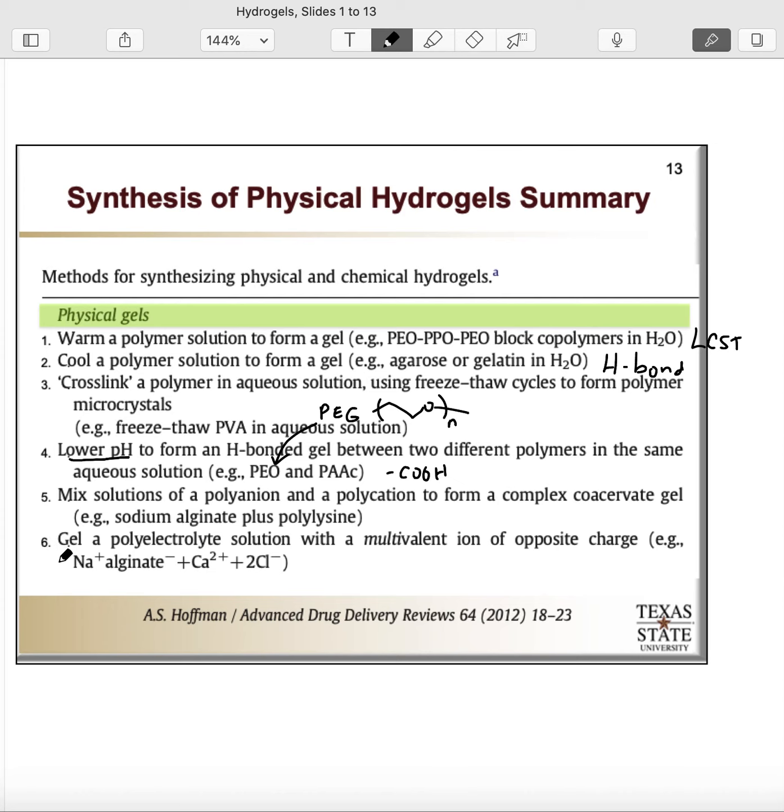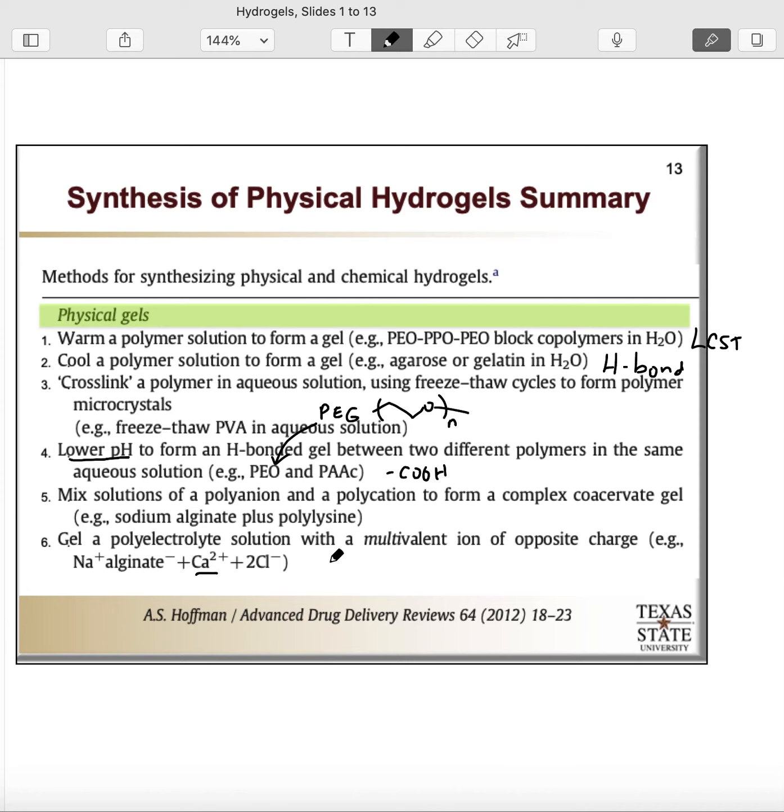And number six is to gel a polyelectrolyte solution with a multivalent ion of opposite charge. For example, taking sodium alginate and cross-linking it with calcium ions that are divalent, that would be able to bridge two different polymer chains.